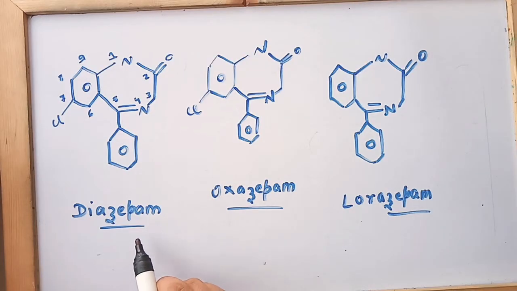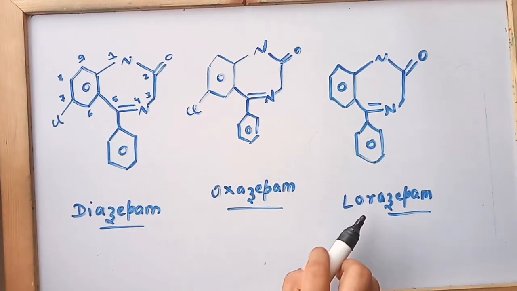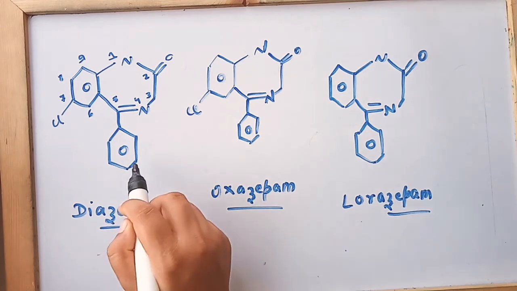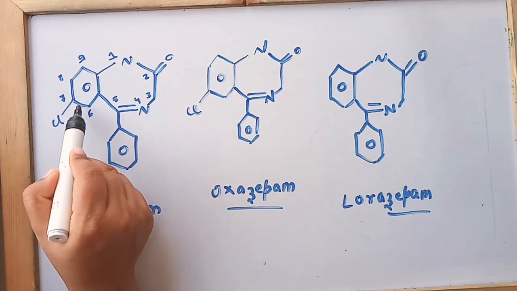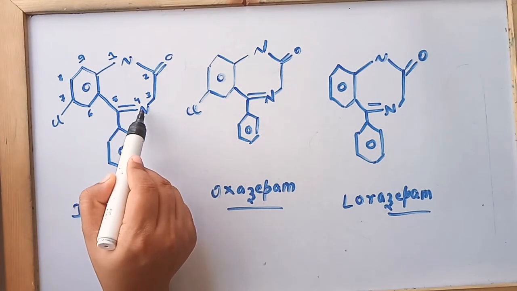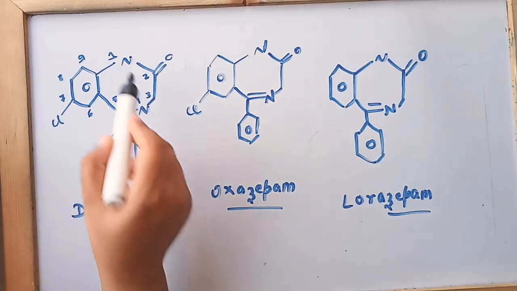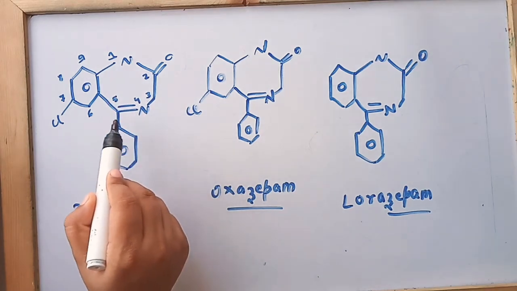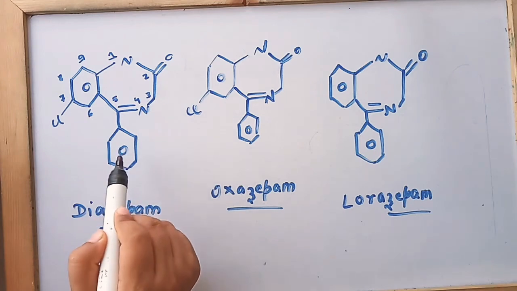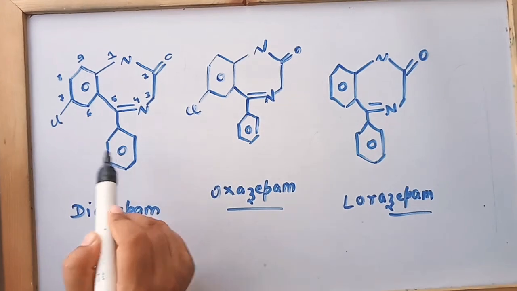We can relate three structures: diazepam, oxazepam, and lorazepam. This is the basic structure of diazepam. For benzodiazepines, we have a benzene ring and a diazo ring, that is diazepine. Diazo means two nitrogen atoms are present. So this is the benzodiazepine ring, and let's see the substitutions over it.